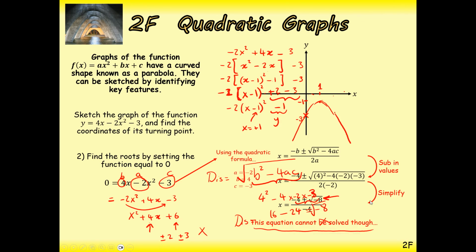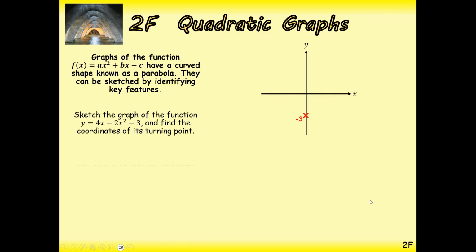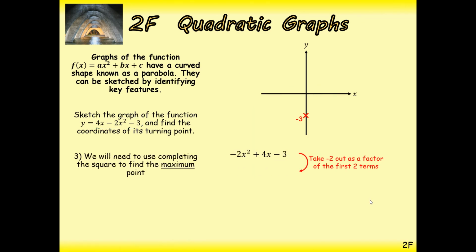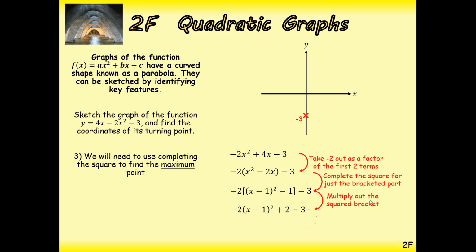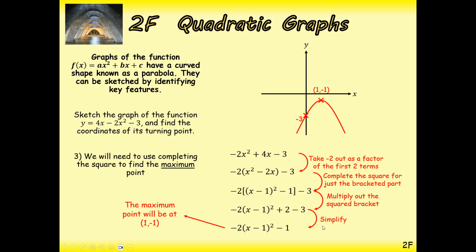So we completed the square, and I did this by hand in the previous slide, and we found the turning point to be 1, -1. When I multiply the -2 by -1, I get a +2. So +2 minus 3 is a -1.